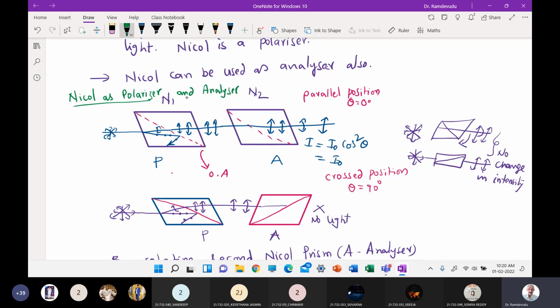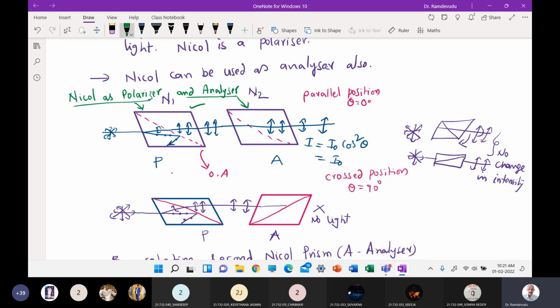Here it is polarizing the light, so this is the polarizer, and this second one is giving you the analysis action, which we call the analyzer. Therefore, the Nicol prism can be used as a polarizer and it can also be used as an analyzer. Both you can use it.